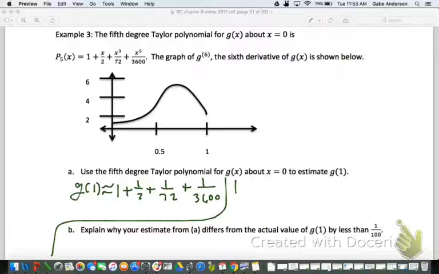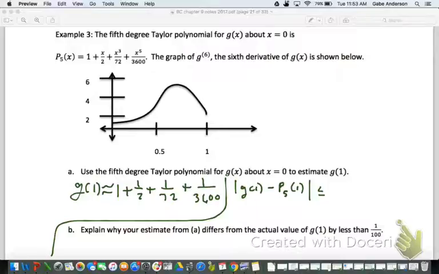Absolute value of g of 1 minus p sub 5 of 1. That's my error. So the actual value of g of 1 minus my polynomial approximation at 1. I'm trying to describe my error. And I'm going to say that this is less than or equal to x minus c to the n plus 1.